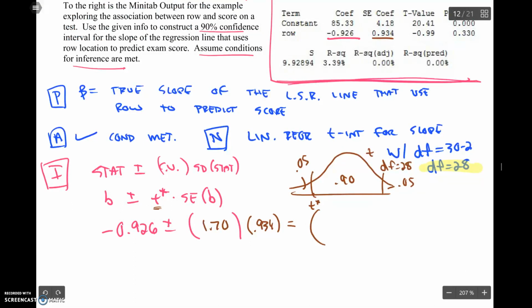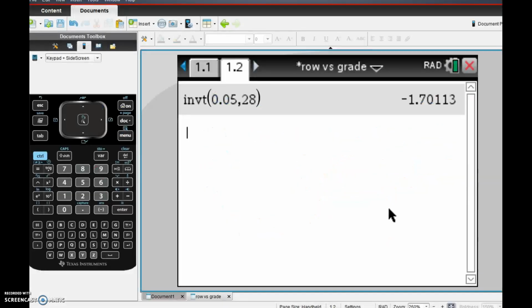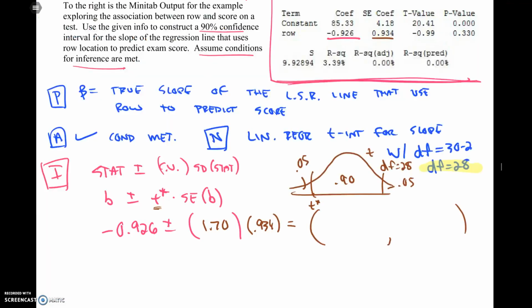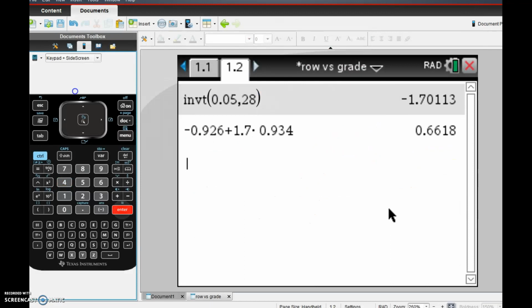So then we just put in those values. Negative 0.926 plus 1.7 times 0.934. Enter.